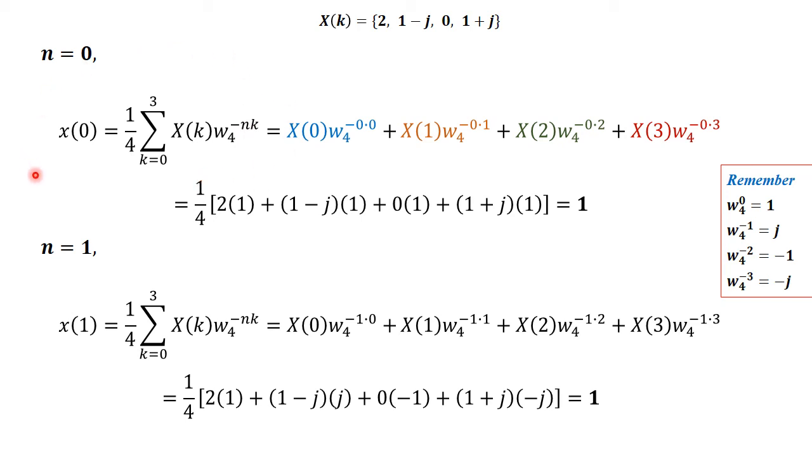Now expand this with respect to n is equal to 0, and then with respect to this summation we are going to get x of 0 omega 4 minus 0 into 0. So this 0 represents n and this one represents the k value. In the first case, both of them are equal to 0, and throughout this calculation n value remains 0, k value will keep changing from 0 to 3.